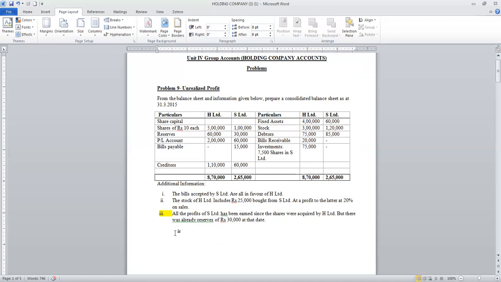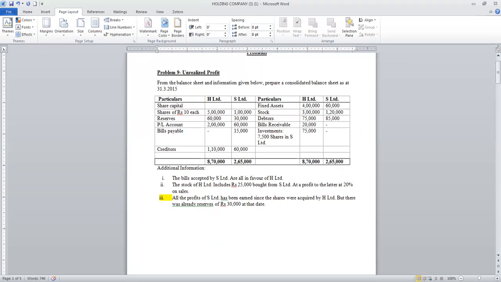Now that we have identified them, we have to divide the capital profit and revenue profit between the holding company and the minority shareholders. For that, we should know the ratio. H Limited is holding 7,500 shares and the minority is holding 2,500 shares.